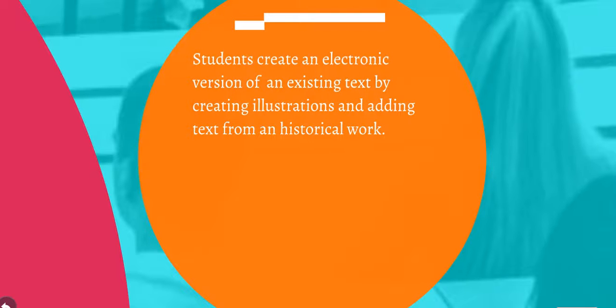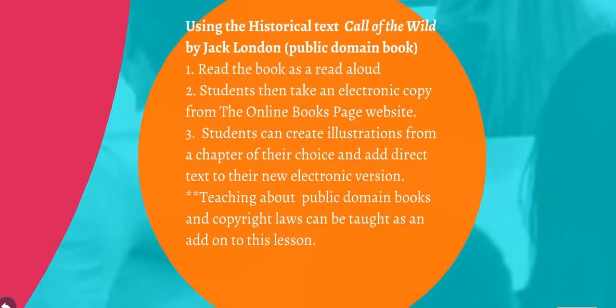An example of how this could work is if you are using the historical text Call of the Wild by Jack London. It is in the public domain. That'd be a great extension for you to be able to teach about public domain books and copyright laws. And that would be a great add-on for this lesson when you're doing your historical text.